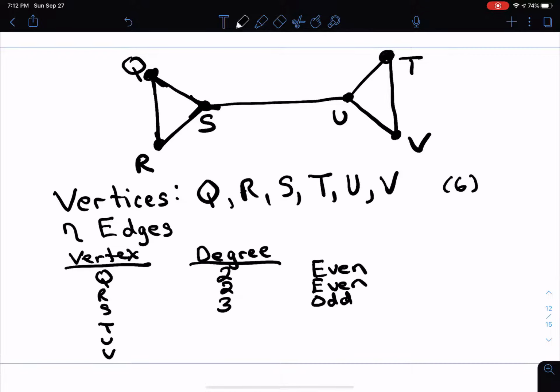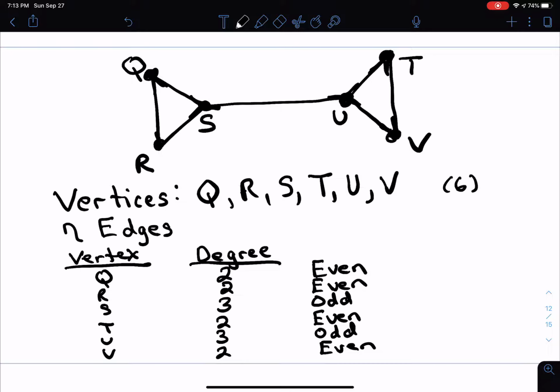T has 2 edges coming out of it, so that's degree 2, even. U has 3 coming out of it, so that's degree 3, odd. And then V has 2 edges coming out of it, so that's degree 2, even. The numbers of even and odd are going to be important in the future too, but for now we're just learning to identify whether it's even or odd and what the degree is.